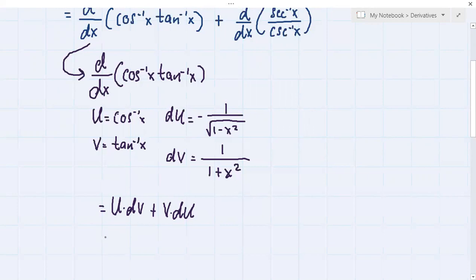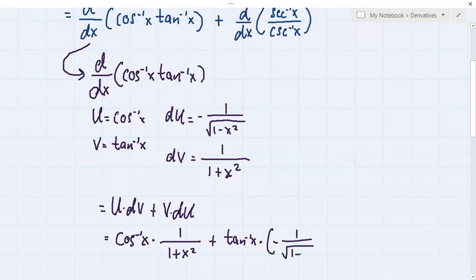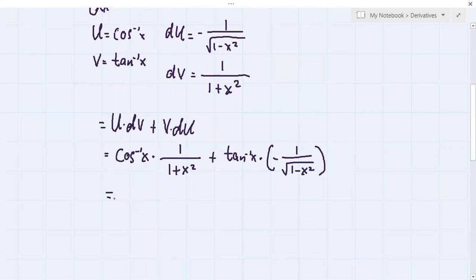Alright? So now, let's substitute. So yung u natin, we have arc cosine times derivative ng v, which is 1 all over 1 plus x squared, plus v, which is the arctangent, times derivative ng u, we have negative 1 all over the square root of 1 minus x squared. Alright? So now let's solve.